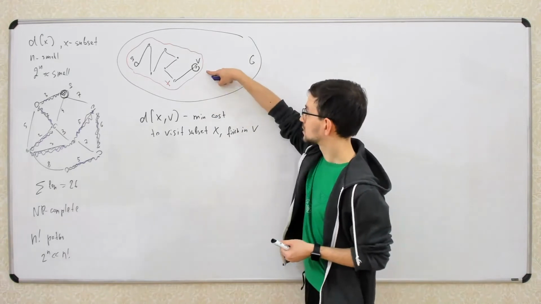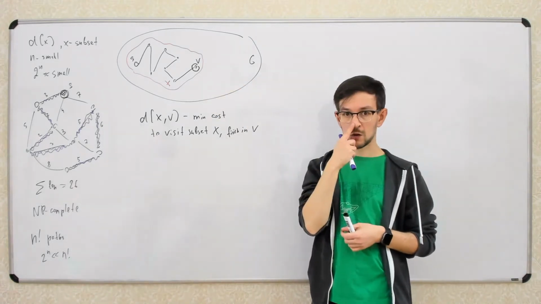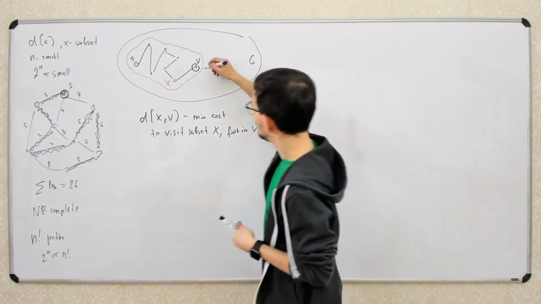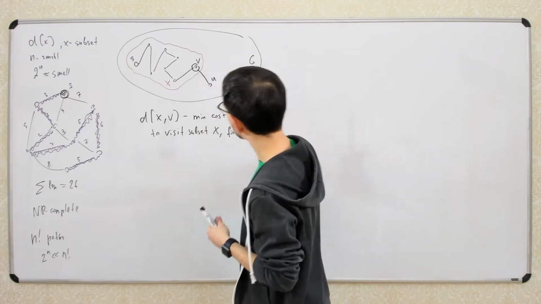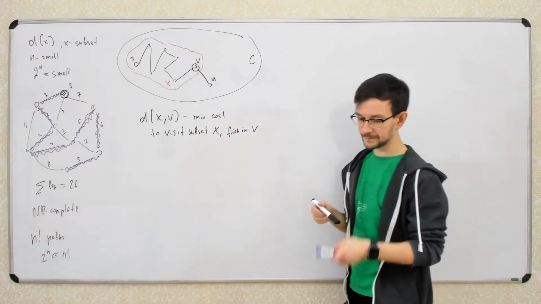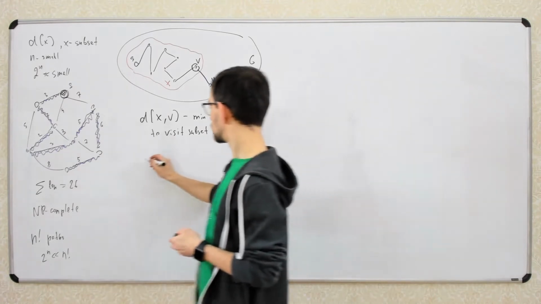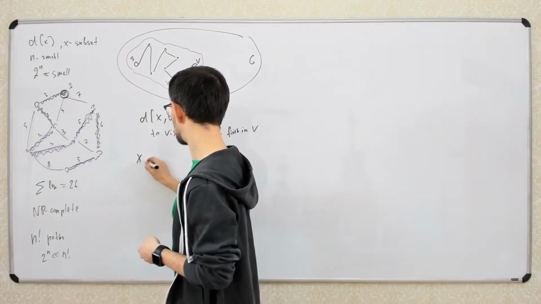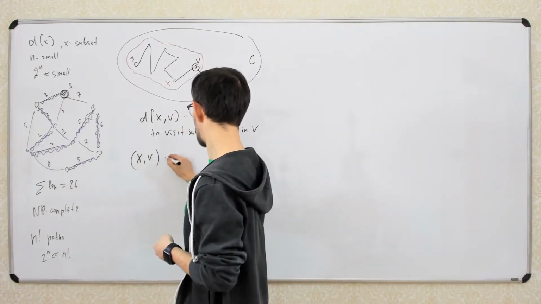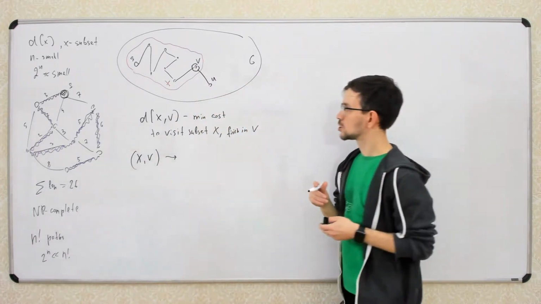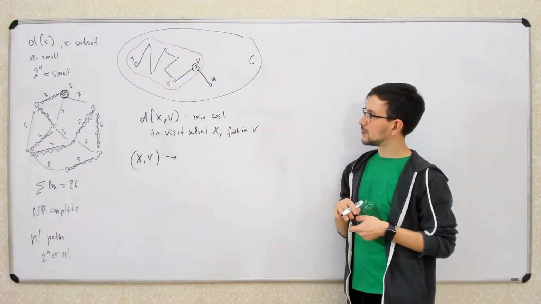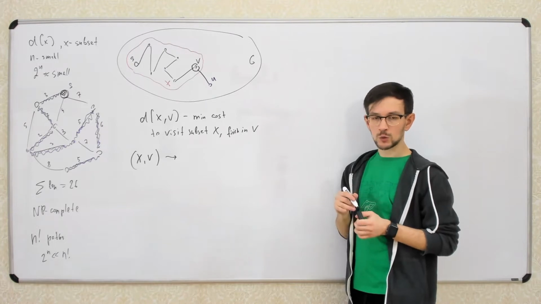What may be the next state of the dynamic programming? If we're standing in vertex V, we may go through some edge VU. So from state (X, V), we may use this edge VU. So what will be the next state?